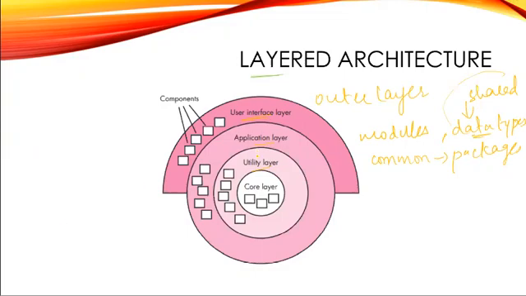The application layer makes use of the utility layer. By using the user interface, if you click on a specific button, your application is going to change, that is, what options are being displayed. These are your application layer. When you run this application layer, you're going to have different data types that are shared among the different packages, which constitute your utility layer. The innermost layer is your core layer.